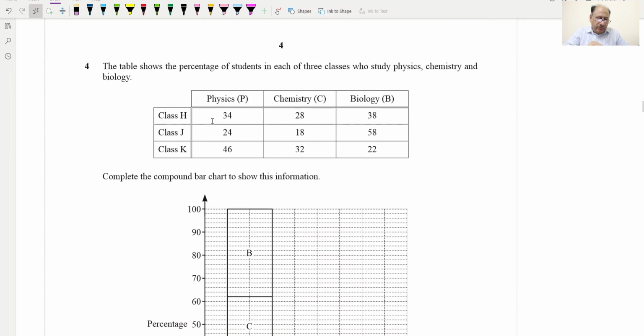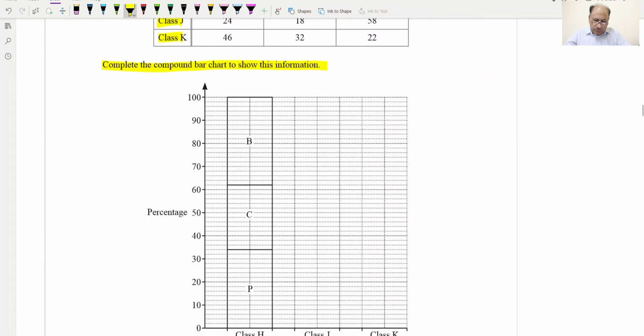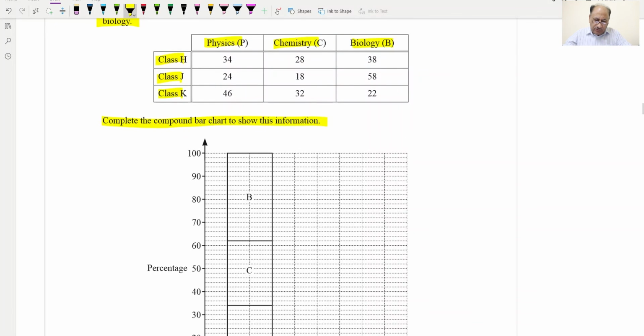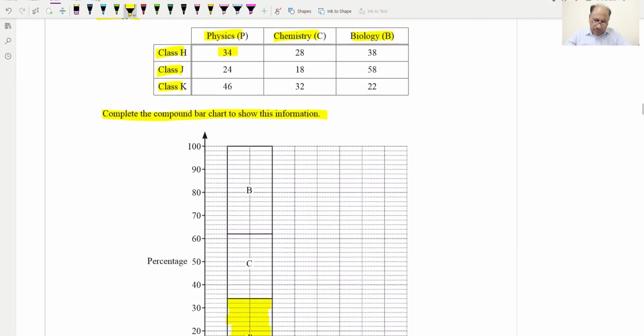Question number 4. The table shows the percentage of students in each of the three classes who study physics, chemistry, and biology. The classes are H, J, and K. Complete the compound bar chart to show this information. They have done class H for us: physics is 34, and this area is 34.